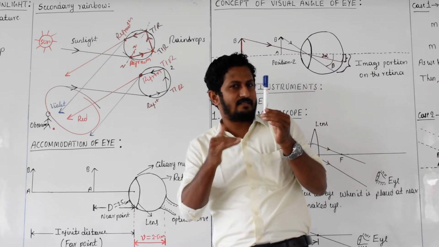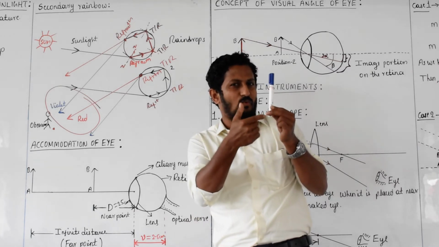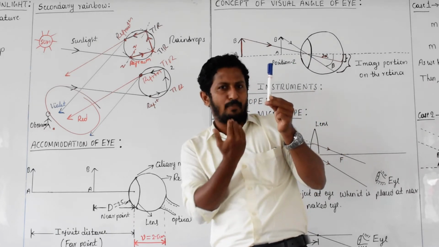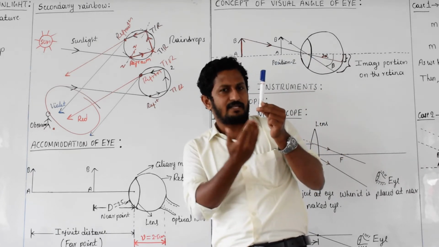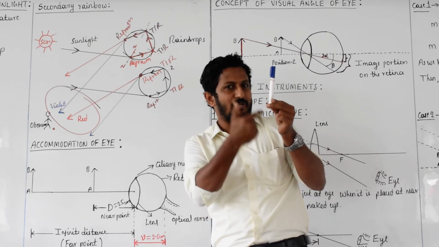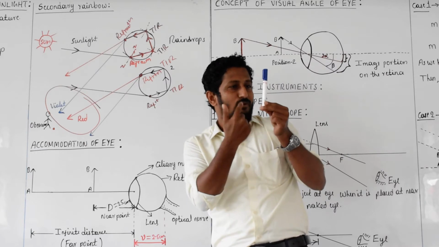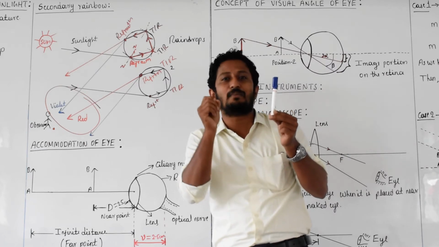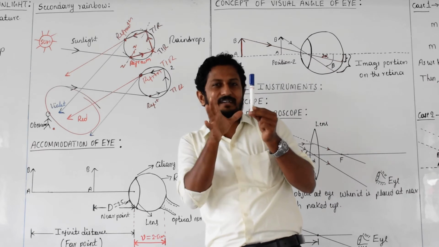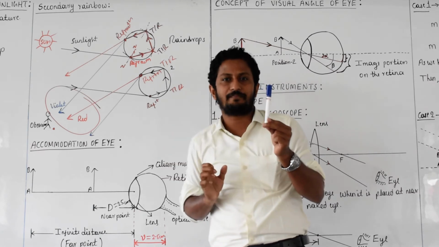But thereafter, when the approaching object crosses one particular point, we see that image as a blurred image. I mean, we see that object with a blurred shape.